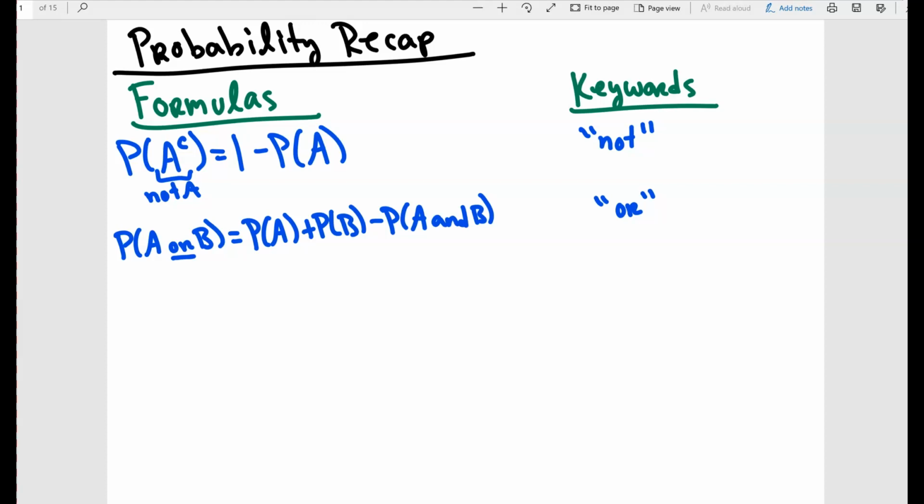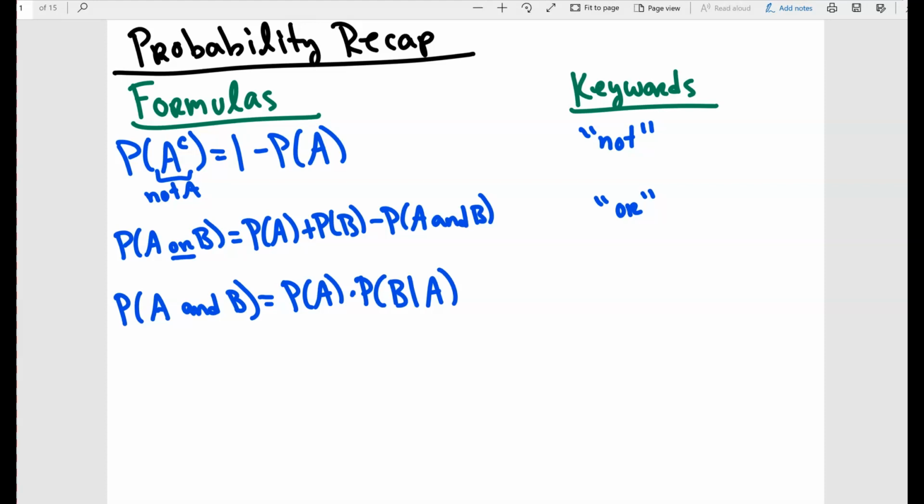Okay, so now the next one that we've talked about was the multiplication rule. So the probability of A and B is equal to the probability of A times the probability of B given A. Okay, so remember that this is not division.